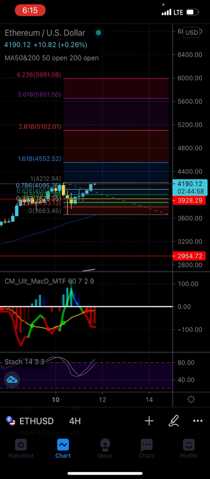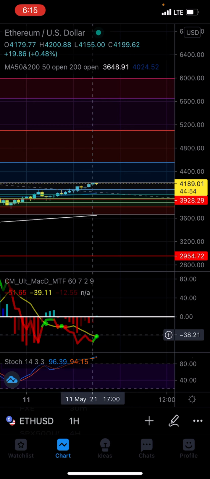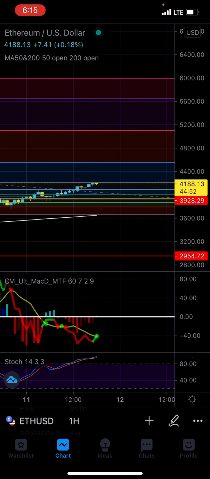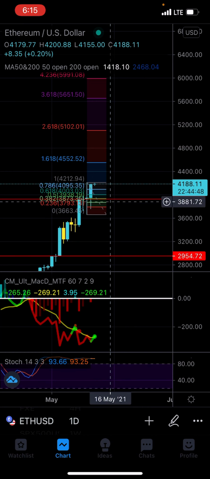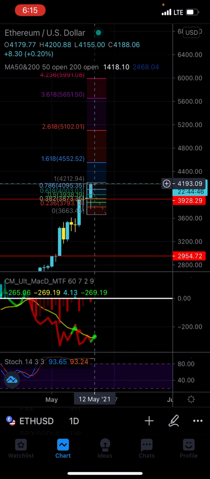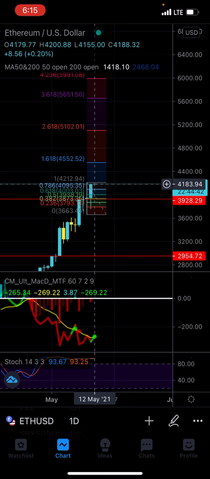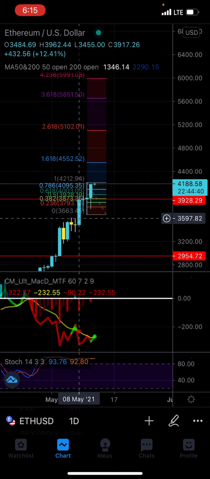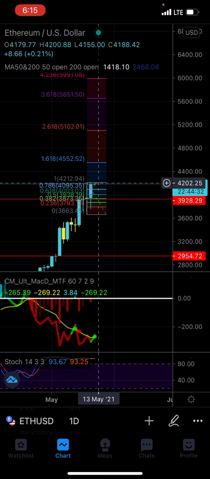As of right now, definitely still pretty bullish. On the hour, I definitely think we're going to head up, with another big shot up to the upside. I am pretty bullish on generally all crypto right now, especially Ethereum. Last time we did this, we went from about 3,400 to 3,900, so a nice solid 400 to 500 point jump.